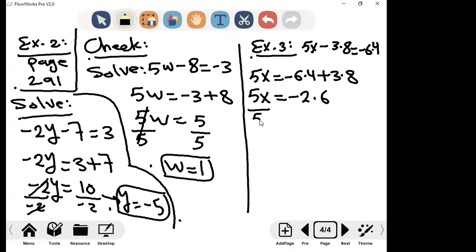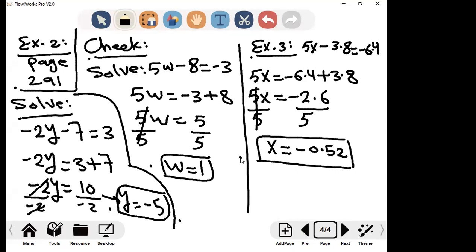Now we divide by 5 both sides. X will be -0.52. This is example 3. Now we have check after example 3.